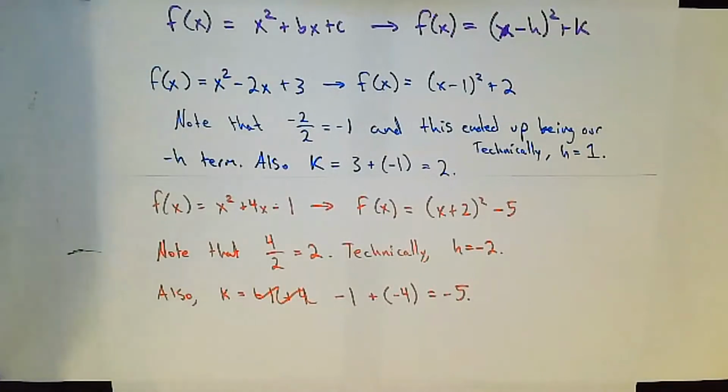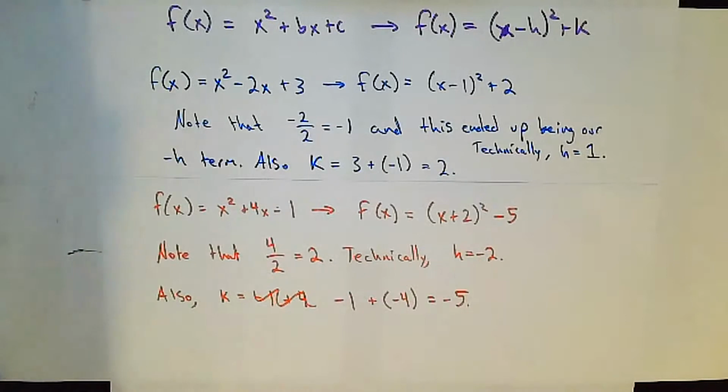Okay, so what's happening here? We see that taking half of that central term gives us what should be in the parentheses. But what about the k term? Well, we have to be a little bit more careful there.